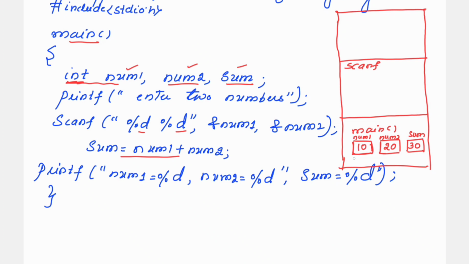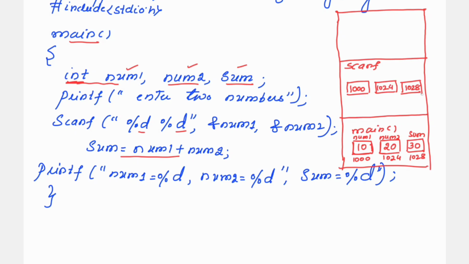Let us assume that this is stored in memory location 1000, this in 1024, and this in 1028. These memory addresses are once again stored here under the scanf allocated space.